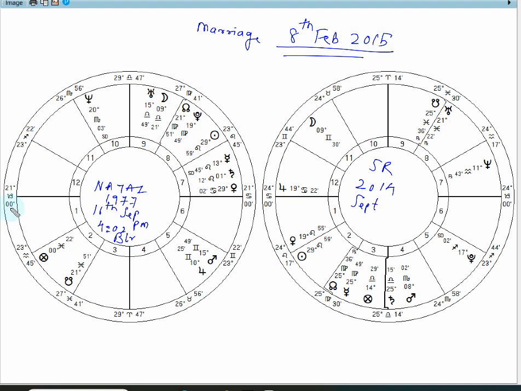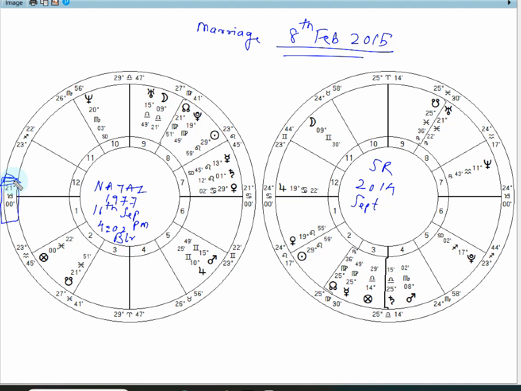Remember the ascendant. I'm using a quadrant house system, Alcabitius house system, and Krishnamurti Ayanamsa. The ascendant of the chart is 21 degrees Capricorn. So when he got married, by September 2014 he had completed, you will do 2014 minus 1977.